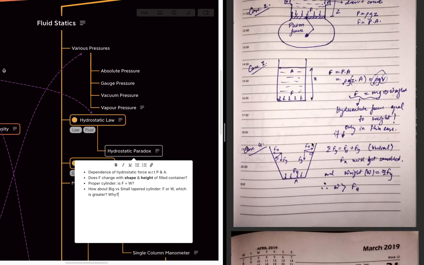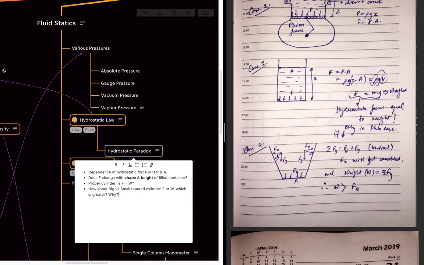But let's consider this kind of container. As we know, hydrostatic forces are applied all over the surface, but as these two surfaces are parallel, the hydrostatic forces get cancelled. That's why we only consider the bottom hydrostatic force. But in this case, as the container is curved like this, the hydrostatic forces are always normal to the surface.